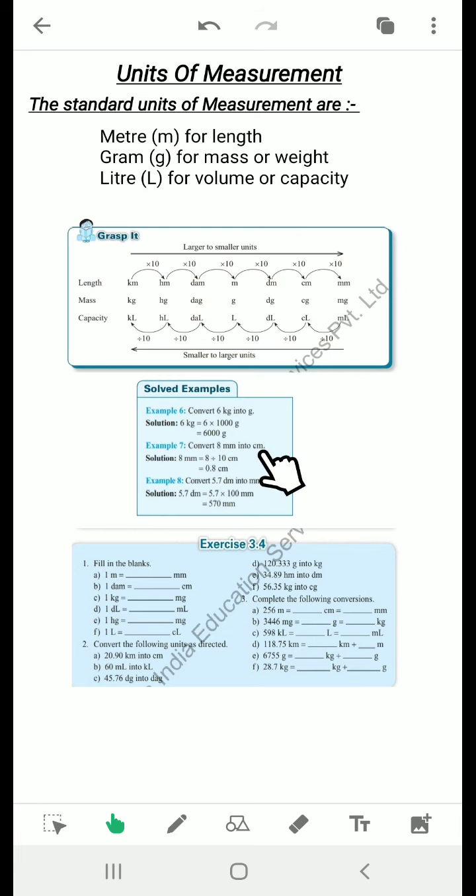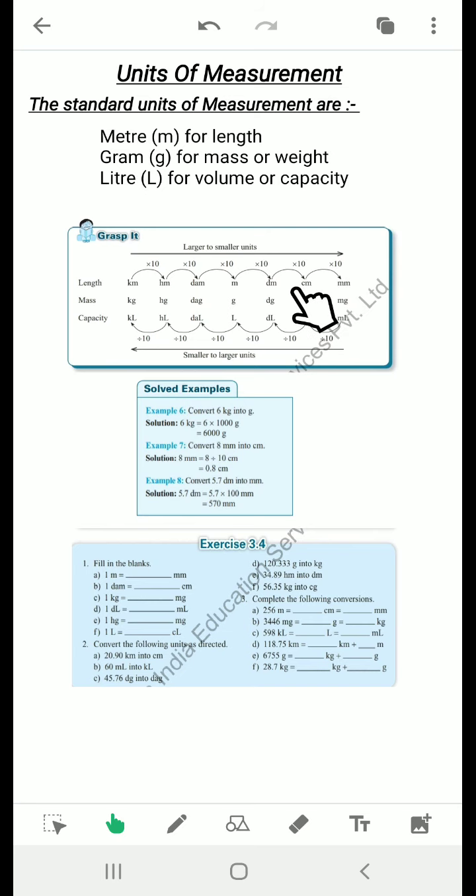Now millimeter to centimeter. Here is the millimeter and here is the centimeter. We need to go from millimeter to centimeter. Millimeter is the smaller unit than centimeter. So smaller to larger, we will divide. We will divide by 10, because only one step we need to go.